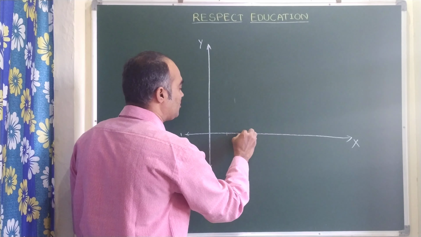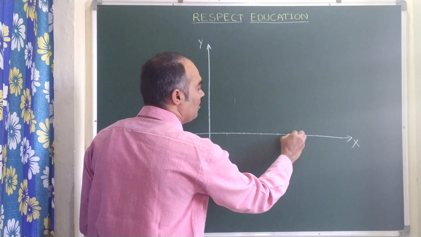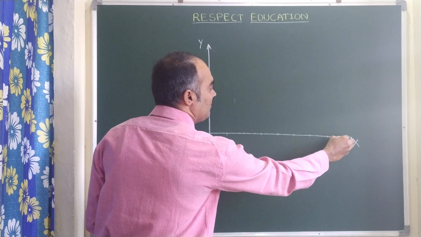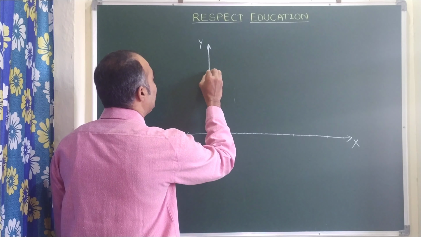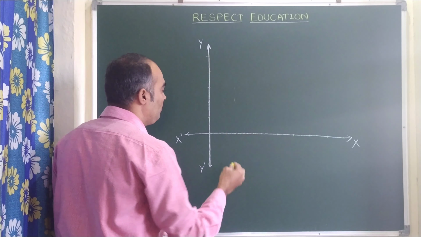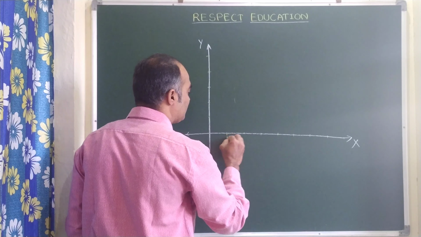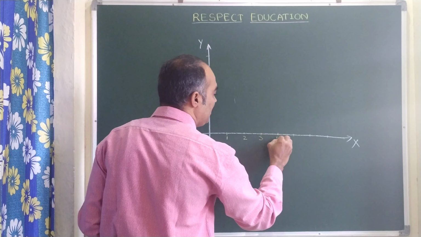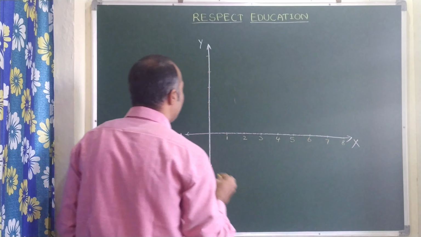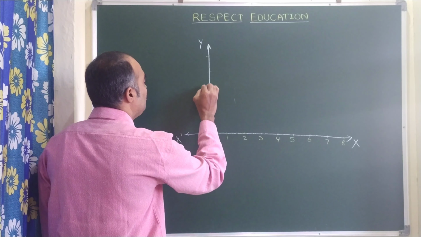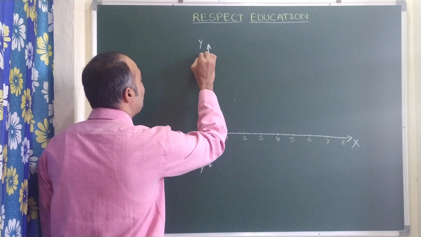Here on the x-axis I am taking 1, 2, 3, 4, 5, 6, 7 and 8, and on the y-axis also 1, 2, 3, 4, 5.